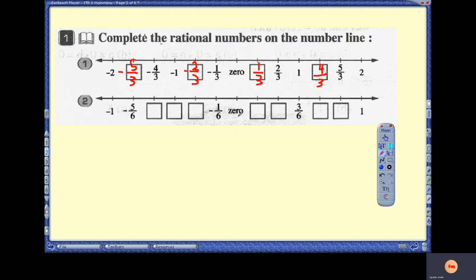Number 2, the distance from 0 to 1 divide into equal 6 parts. So each part, each line represents 1/6. So here you will write 1/6, then 2/6, and the 3, here 4, and here 5.